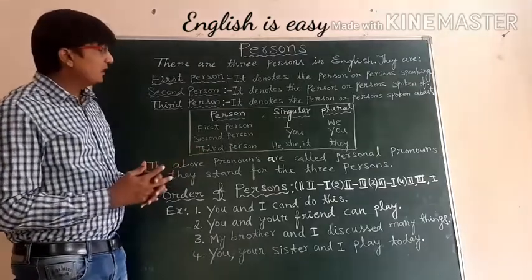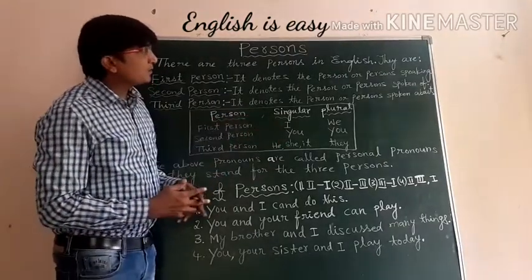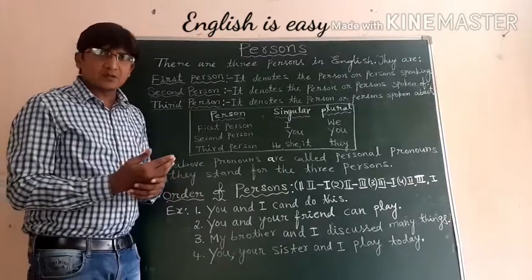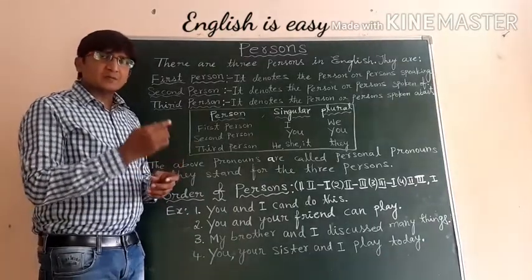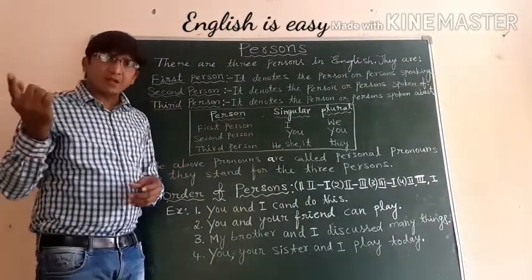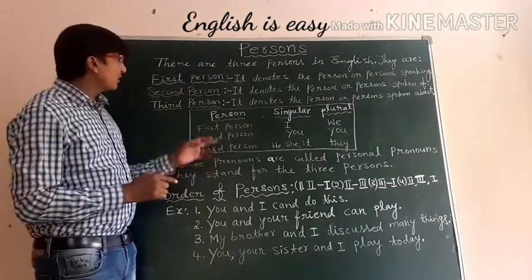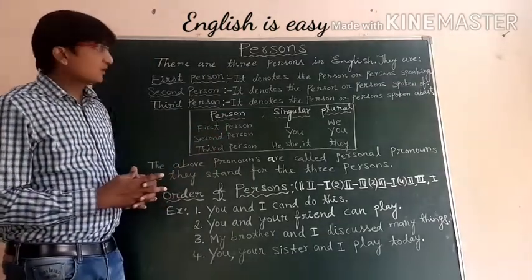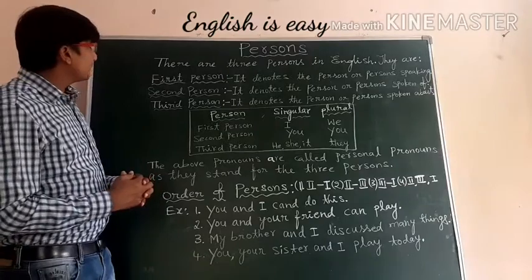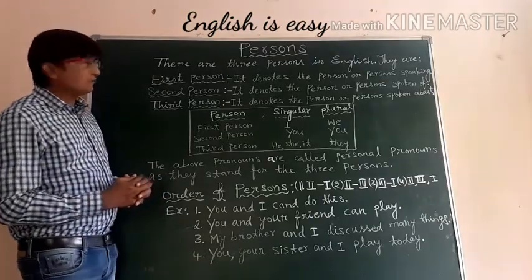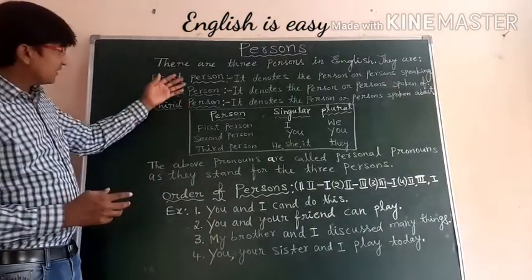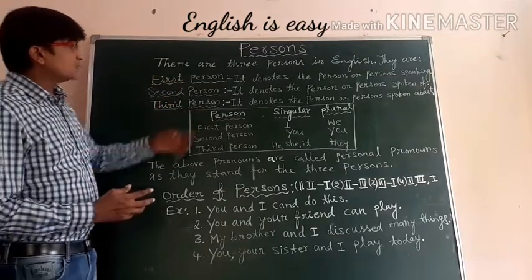Now third person denotes the person or persons spoken about. If a person is speaking about somebody, that somebody is called third person. So like this, in English there are three persons: first person, second person and third person.